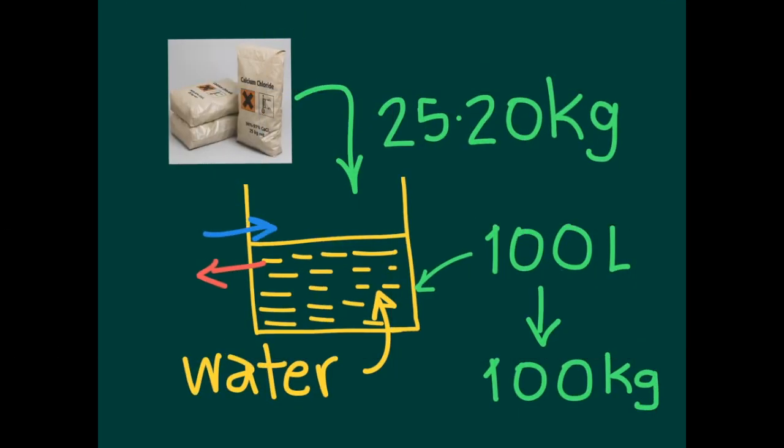One way to visualize everything and to help you get around these problems is to draw a diagram like this. And here you can see that 25.20 kilograms of calcium chloride is being dissolved in this 100 liter container, which is equal to 100 kilograms of water. And here, as this is dissolved, the temperature change is happening inside of the container.